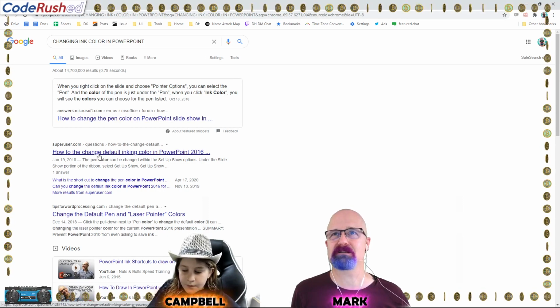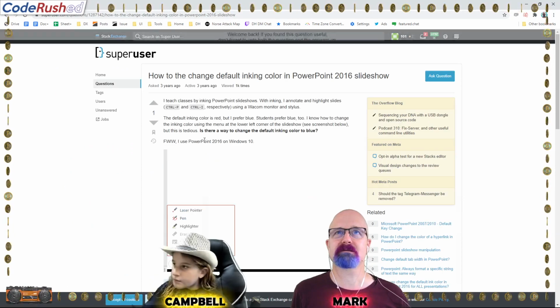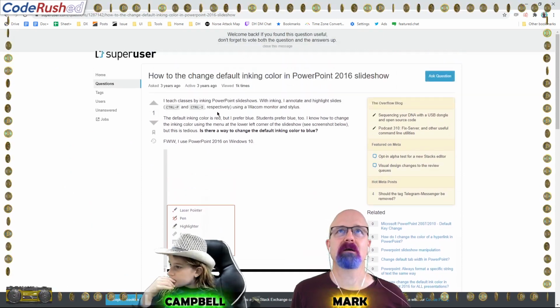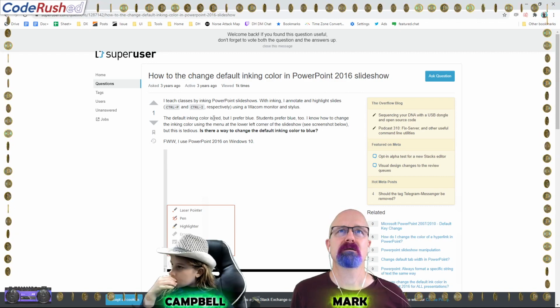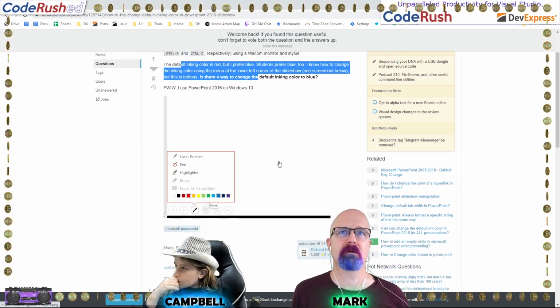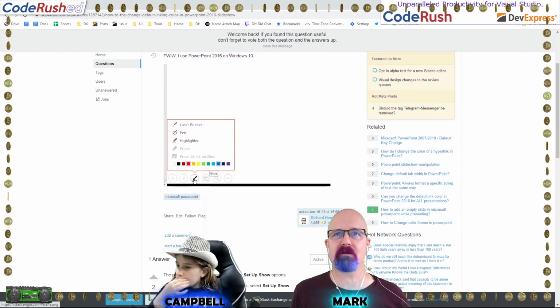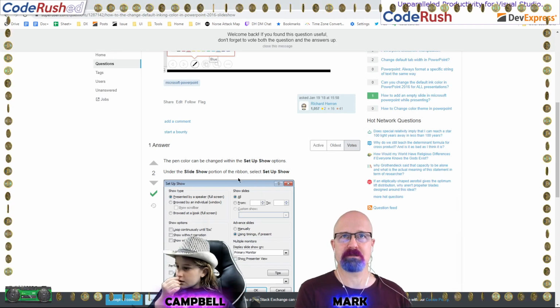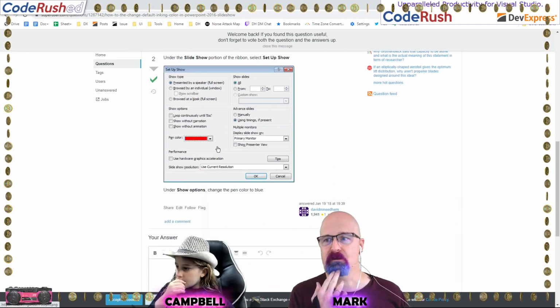That's during a slideshow. Is this going to be it? I'm thinking I annotate. The default ink color is red, but I prefer blue. Whoa, there's something down here. That's during a presentation now. Pen color can be changed with this setup shows options. Yeah, I don't know if that's really helping me.